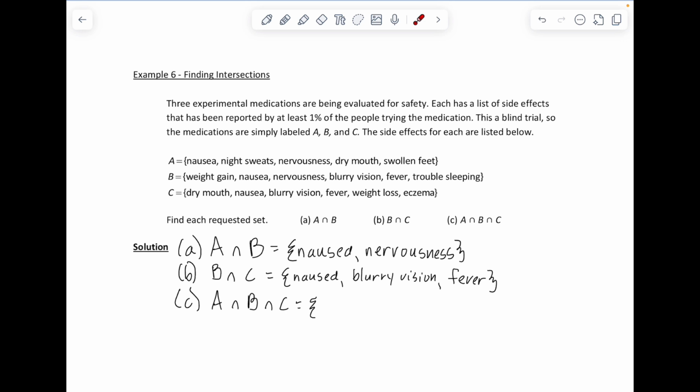Because we can see that nausea and nervousness are shared in common between A and B. Nausea, blurry vision, fever are shared in common between B and C. So it's not too hard to see that the only thing shared in common between all three of them is nausea, right? Nausea is shared between A, B, and C. And you can do another careful check if you want to, but you'll see that the only element shared in common between all three sets is nausea.